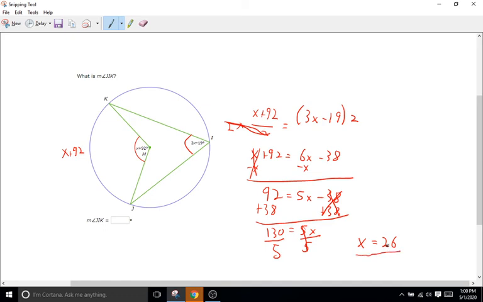Okay, is that our answer though? It is not, because remember, we're asking for angle JIK, so this angle right here. We want to know what this angle is. We know it's 3x minus 19, but now we know what the x is, so we're just going to plug it right in.